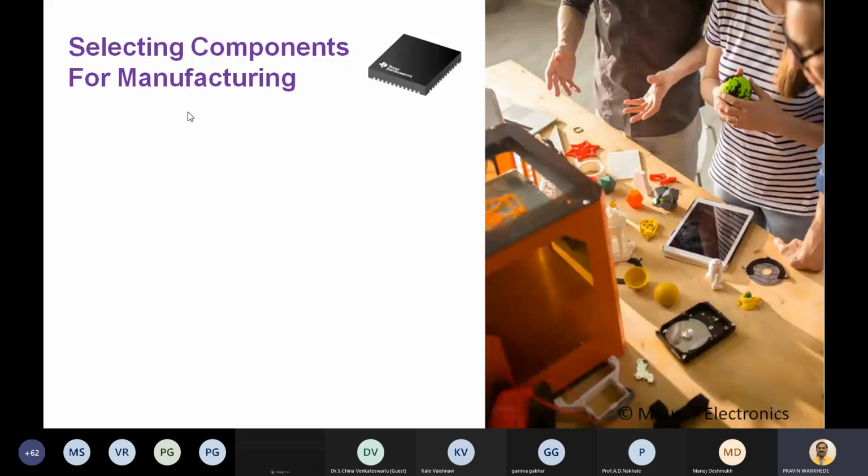In India, it is very difficult for engineers to fulfill almost all the criteria, because we do not have many component manufacturers and we do not have proper assembly lines. Therefore we have to think about the trade-offs, and at least meet most of the criteria while selecting the components.